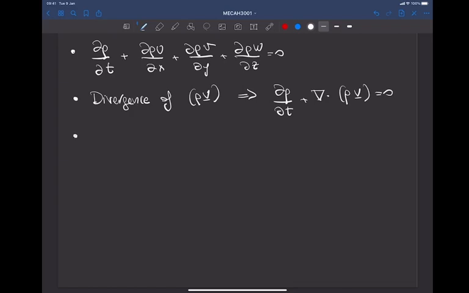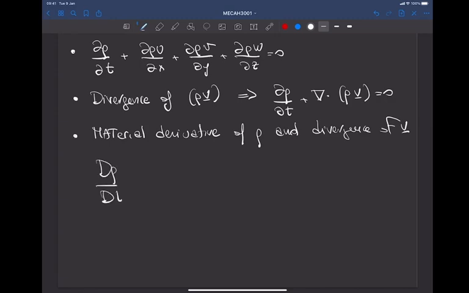And by using the definition of the material derivative of rho, and divergence of v, we get the final expression: d rho over dt plus rho divergence of v equals 0. In all these cases, of course, we get a scalar equation, which is normal.